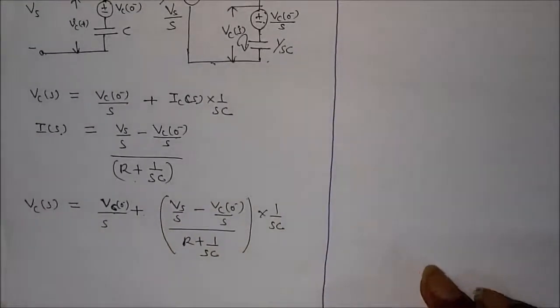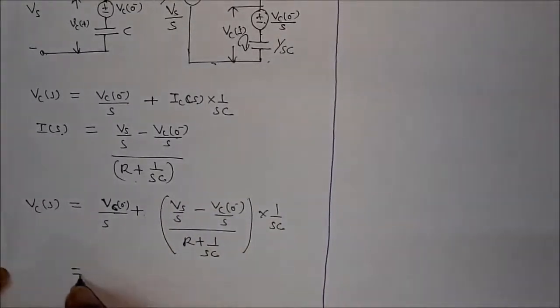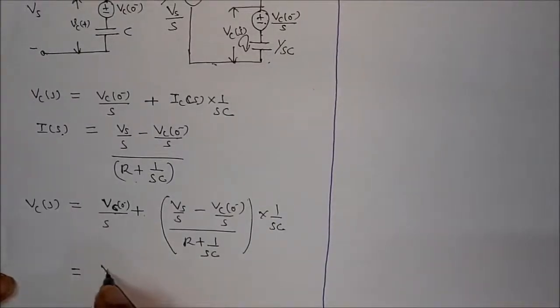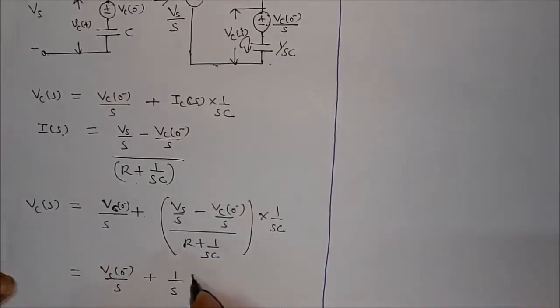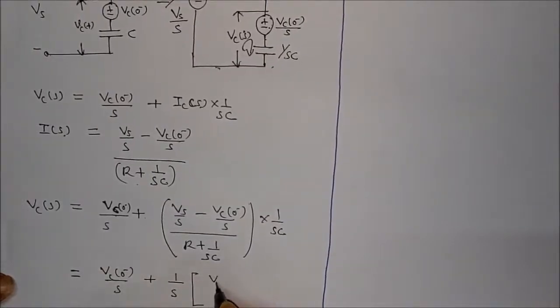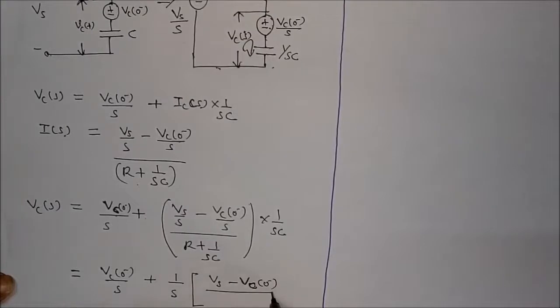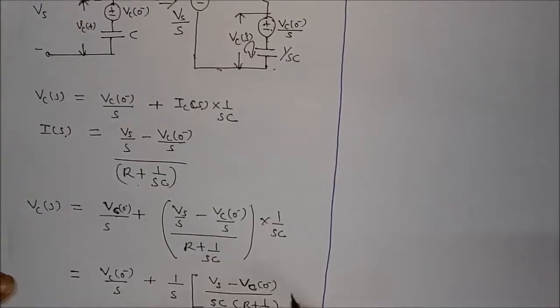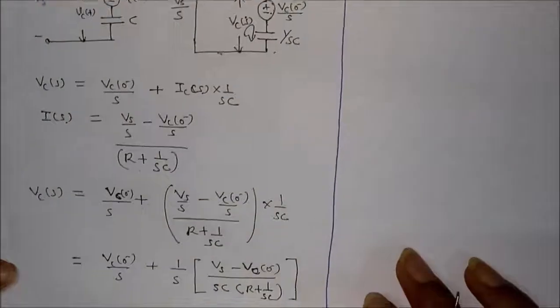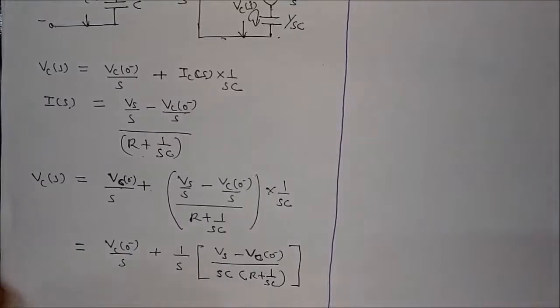Is it okay? Now let's do some simplification here. What can I do? Vc0 minus by S plus 1 by S bracket Vs minus Vc0 minus, divided by SC bracket R plus 1 by SC. Is it okay? Now we can make some more arrangement here.